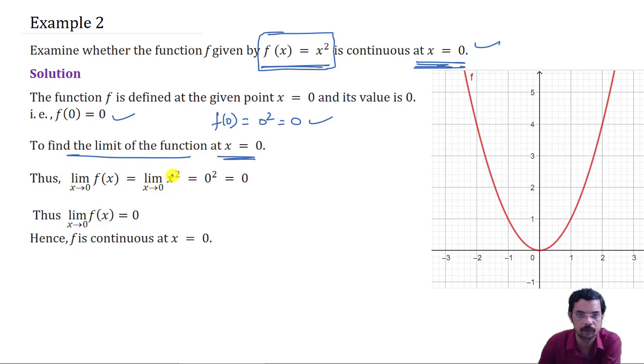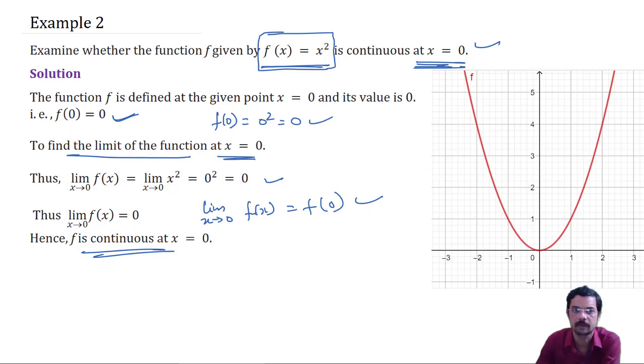We just put the limiting value of x instead of x, and we get 0 square, that is equal to 0. And we observe that this limiting value is equal to the value of the function at x equal to 0. So limit x tends to 0, f of x is equal to f of 0 also. Therefore the function is continuous at x equal to 0.